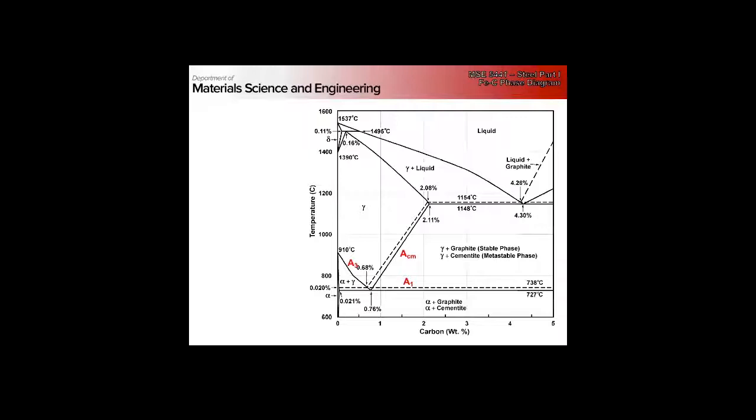Okay, so if we zoom in a little bit on the region of interest, right? We put two lines on here, right? And any idea why we've got the solid line and the dashed line? On cooling and on heating, right? There's always hysteresis, right?